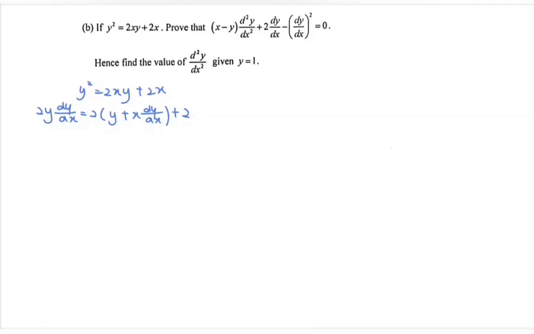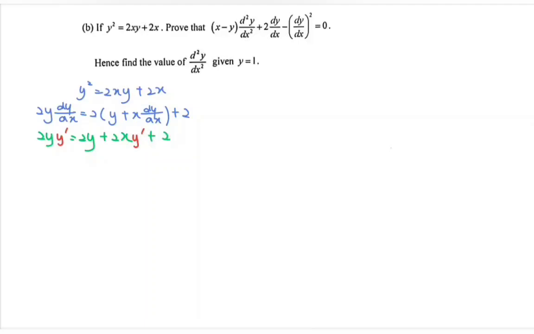Kindly rewrite the situation given. We have 2y y prime equals 2y plus 2x y prime, and then plus 2.